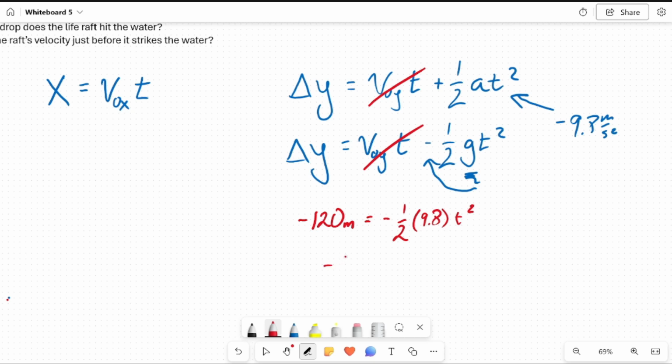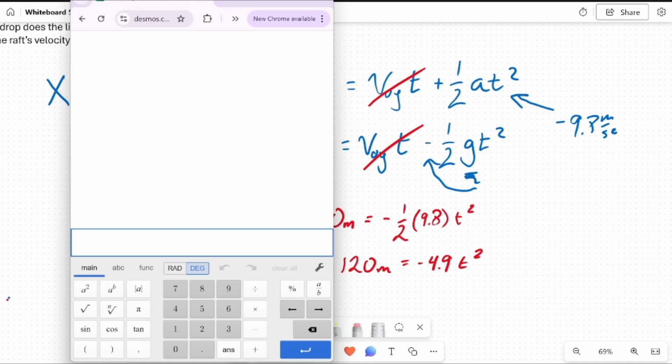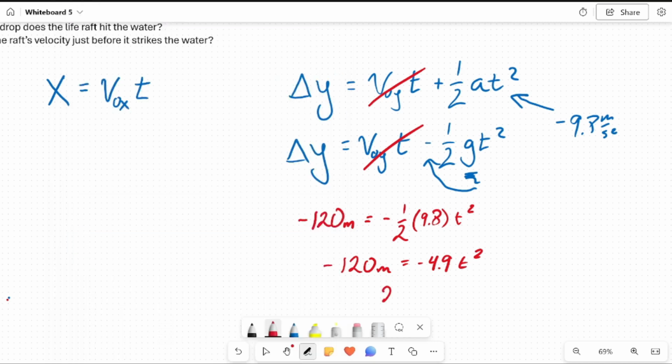So this ends up negative 120 meters equals negative 4.9 t squared. Of course, negatives will cancel. Divide 120 by 4.9. Now, I'm still not done because this is 24.5.